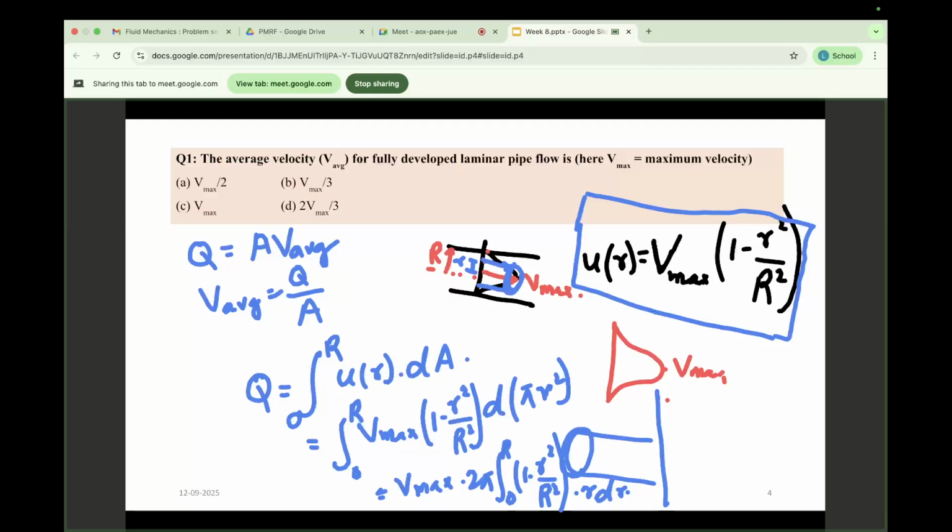Why am I doing this? Actually, there is a direct formula. I am just showing you this because if certain types of questions come, you will be able to solve them this way.